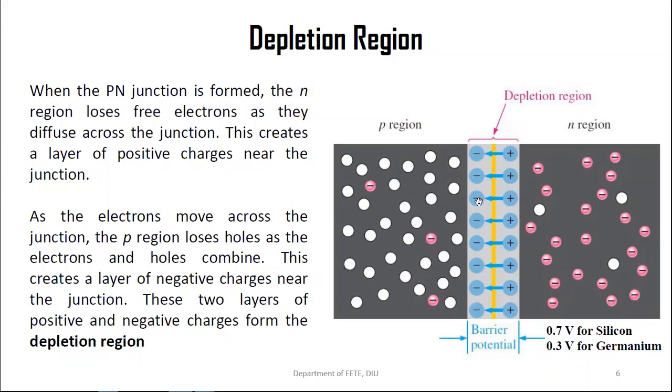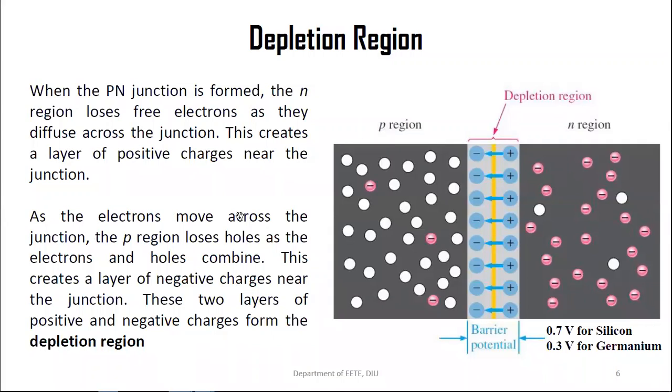Why is there no free charge here? Because when the PN junction is formed, the N region loses free electrons as they diffuse across the junction. This creates a layer of positive charge near the junction, and the borons are left alone here.